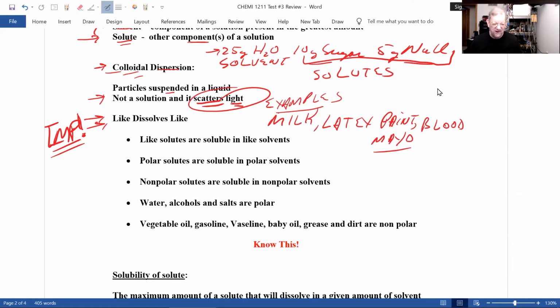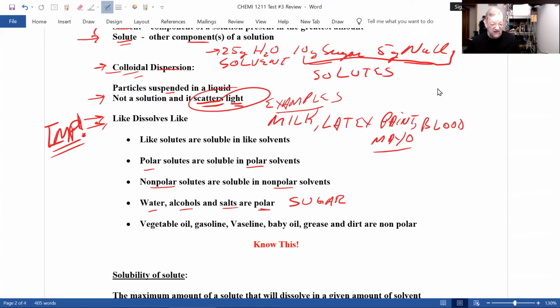What we really mean is polar solutes are soluble in polar solvents, and nonpolar solutes are soluble in nonpolar solvents. Examples you should know: water, alcohol, and salts like sodium chloride, and also sugar, which is really an alcohol, but you don't know that, are polar.